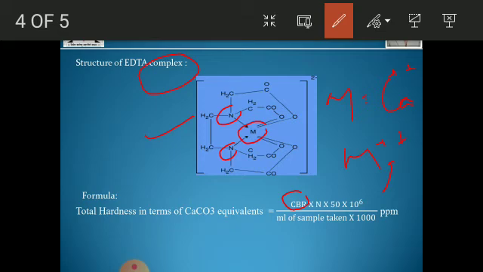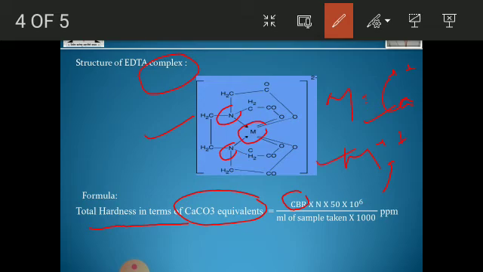Here is the formula. One more thing to note: most properties of water, such as hardness, are represented in the form of calcium carbonate equivalents. The hardness is due to calcium salts and magnesium salts.